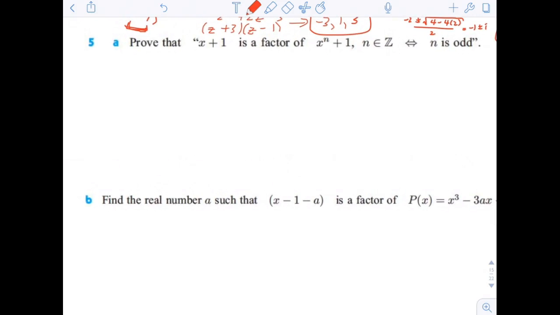Let's look at 5a. Prove that x plus 1 is a factor of x to the n plus 1, where n is an integer, if and only if n is odd.